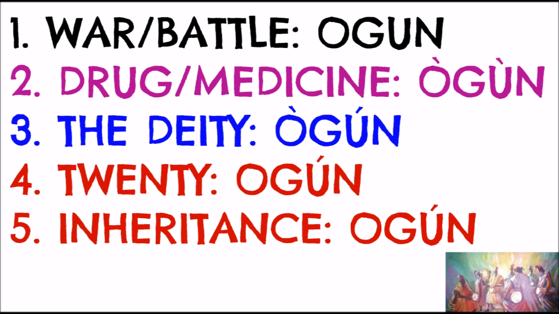Your inheritance is like the property that you get from somebody, probably a parent or someone older. So that is what we call Ogun. So Ogun for 20, and then Ogun as well for inheritance. That's how we identify them, so that we don't confuse others.